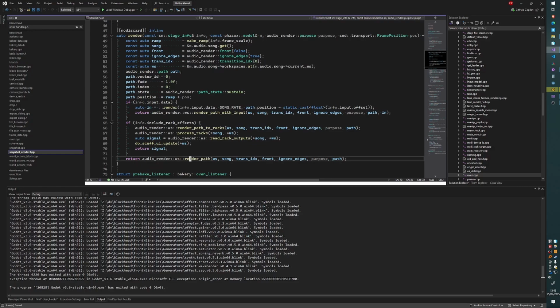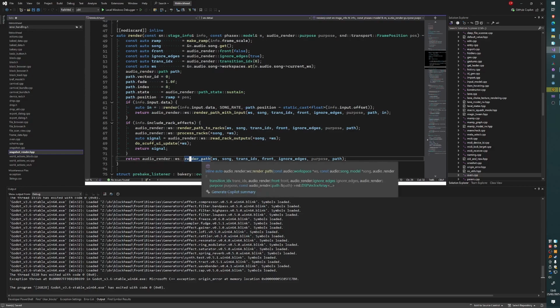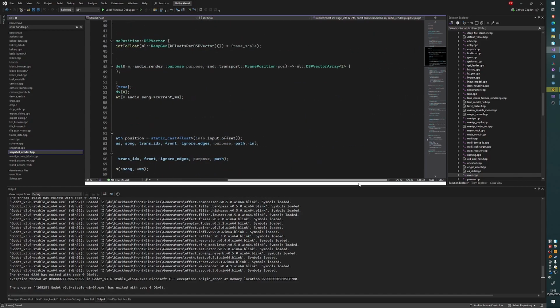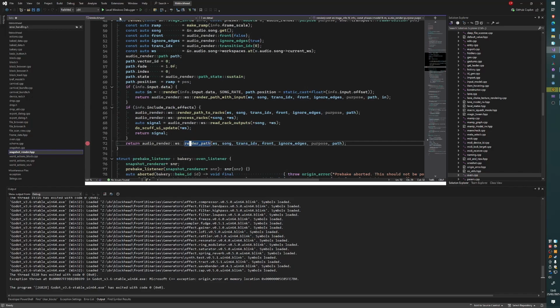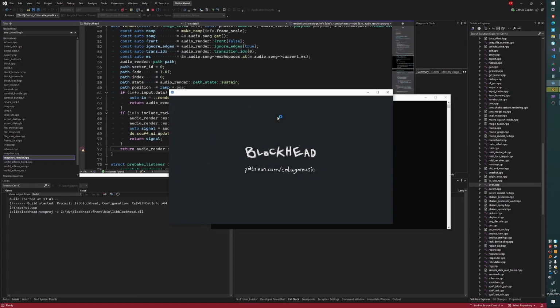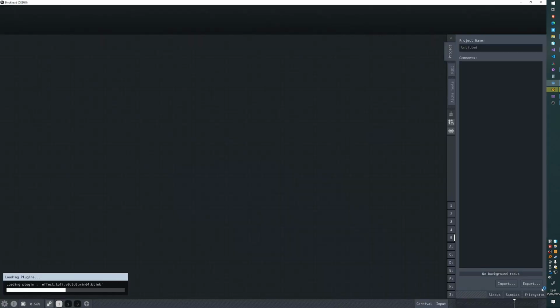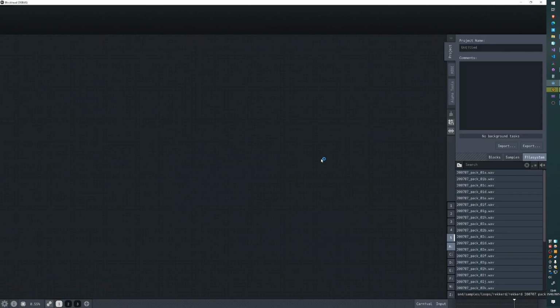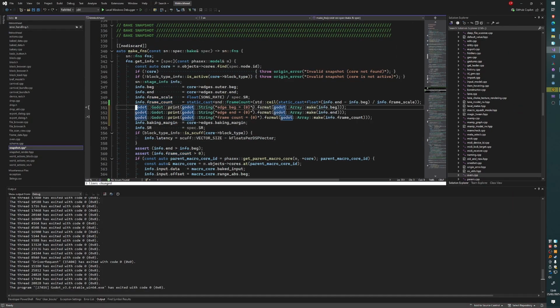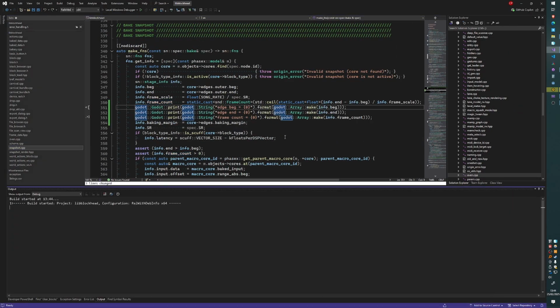Render. It seems like we're just rendering too many frames. Render. We render and then actually I need to keep that debugging information. Where was it? Here. That's helpful.